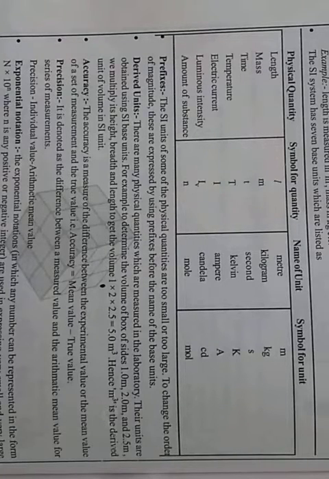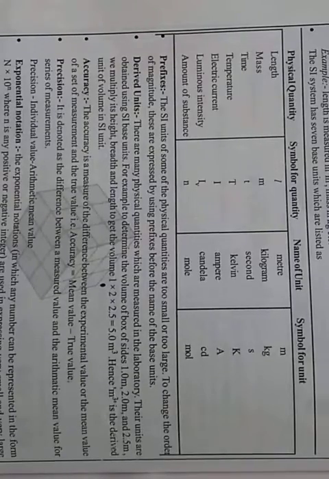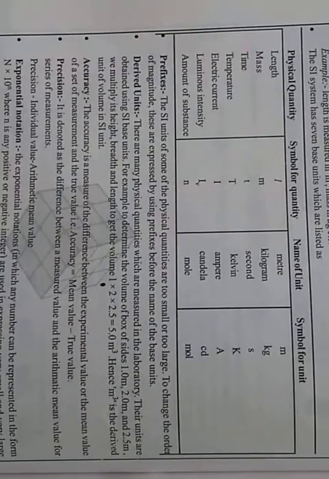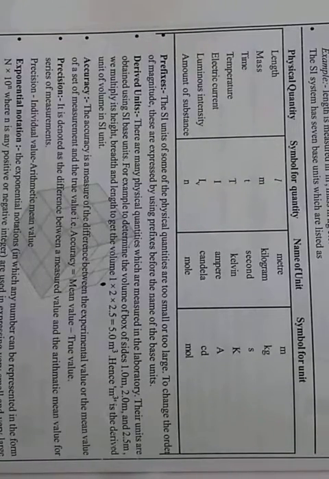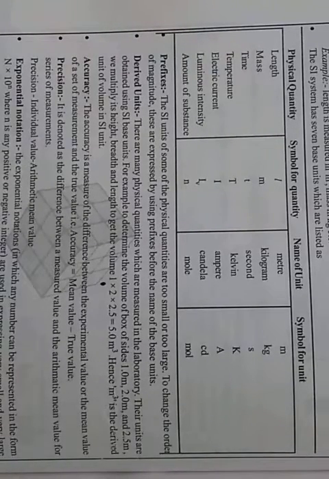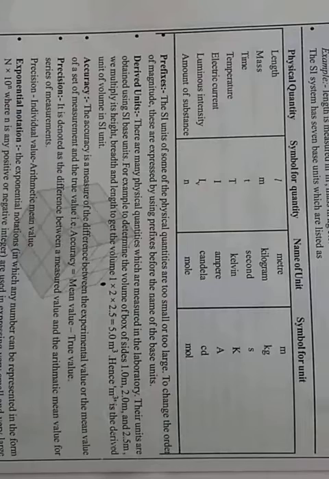It means if we are talking about how accurate the value is, we have to subtract the true value from the mean value. Precision denotes the difference between the measured value and the arithmetic mean value for a series of measurements. Precision is the difference of individual value from the arithmetic mean value.